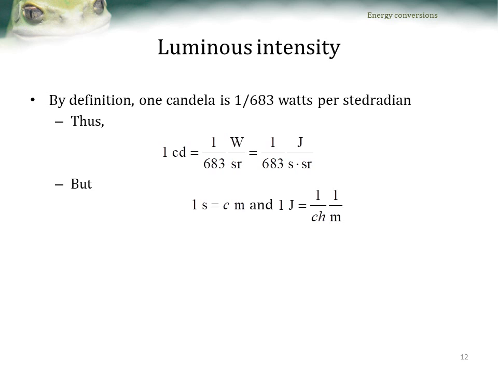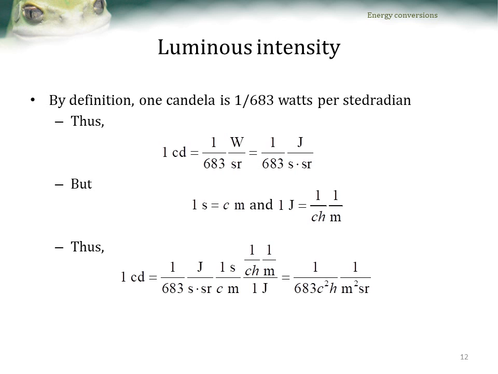And since 1 second is equal to C meters and 1 joule is 1 over CH per meter, we can substitute both of those into the previous equation to get that 1 candela is equal to, once we do the math, 1 over 683 C squared H per meter squared per solid radian.